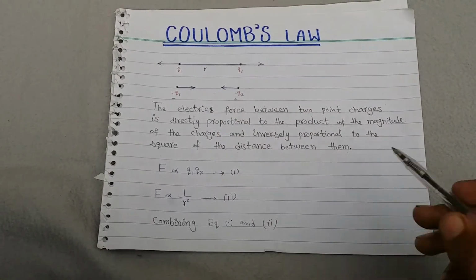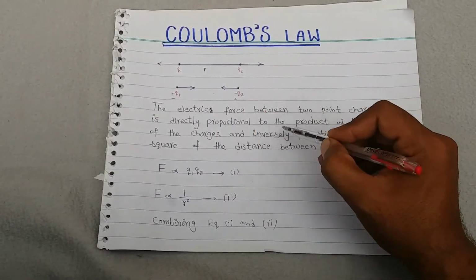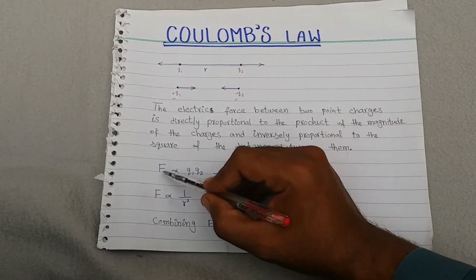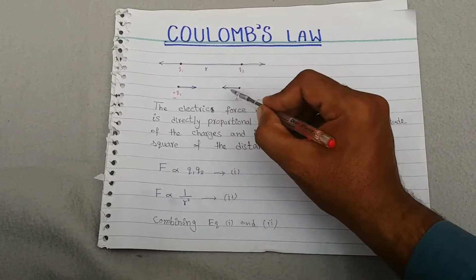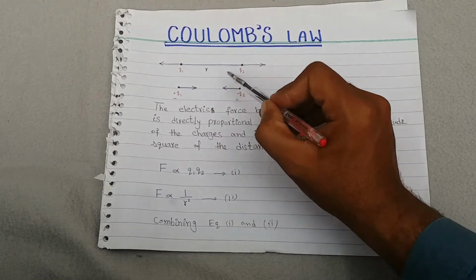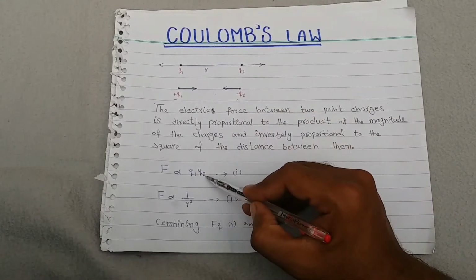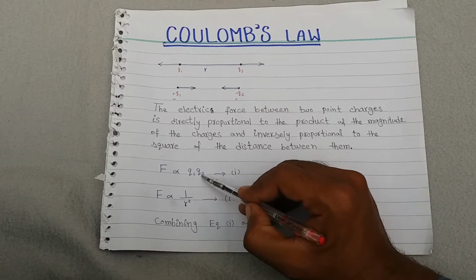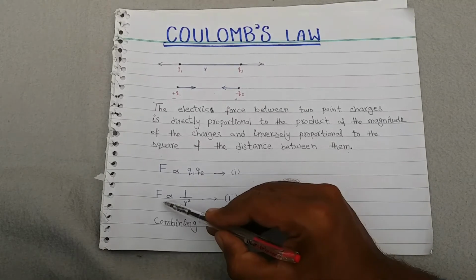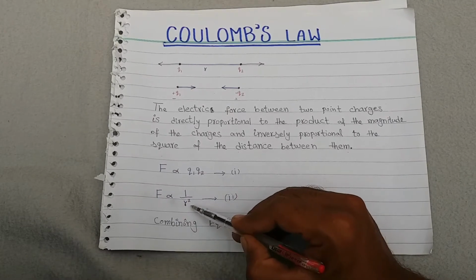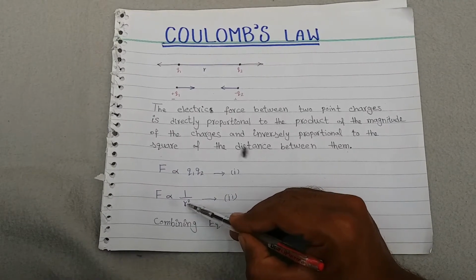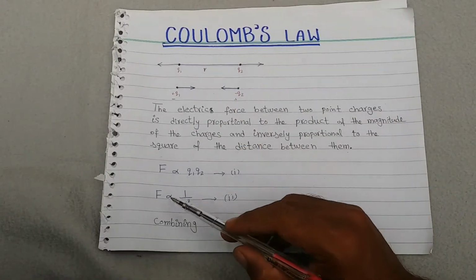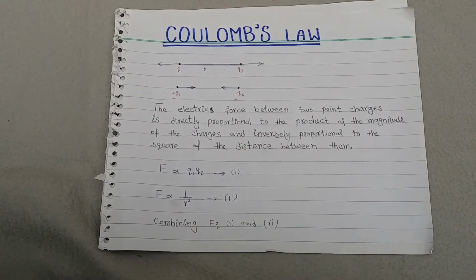Concluding the statement of Coulomb's law, the force of attraction or repulsion between these two charges is directly proportional to the product of the magnitudes of the two charges and inversely proportional to the square of the distance. Here r is the distance between the two charges, so force is inversely proportional to the square of the distance.